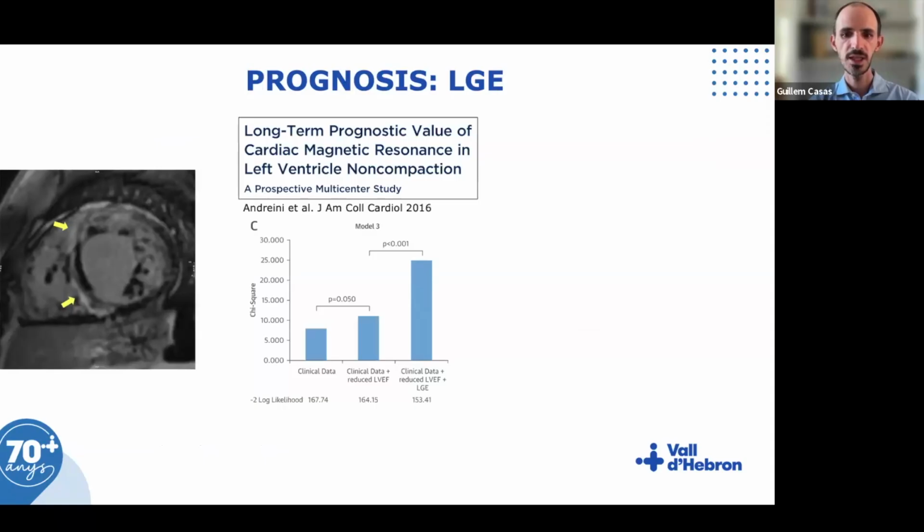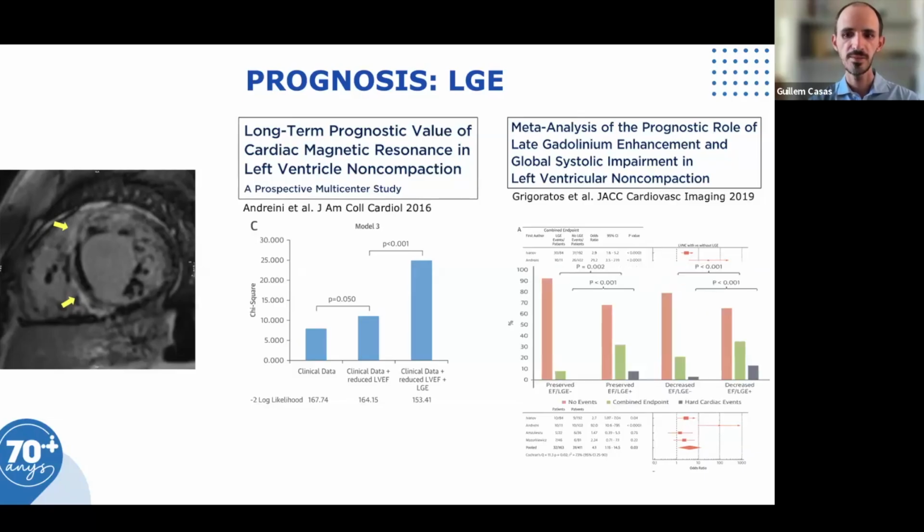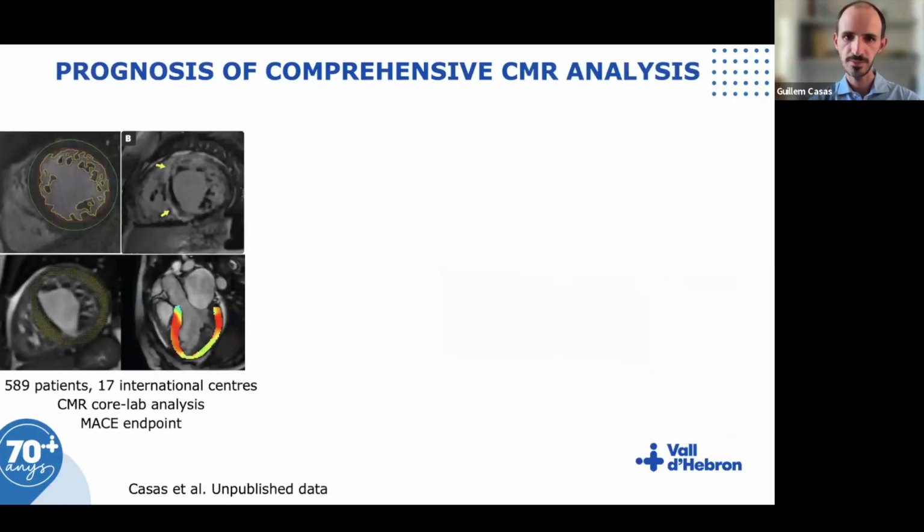I've already mentioned this nice CMR study, but this was confirmed in a large meta-analysis with more than 500 patients, where LGE was found to be a consistent predictor of poor outcomes, including cardiovascular death, heart failure, and also sudden cardiac death. And again, a special emphasis on those patients with preserved ejection fraction and no late gadolinium enhancement that had no cardiac event during long-term follow-up.